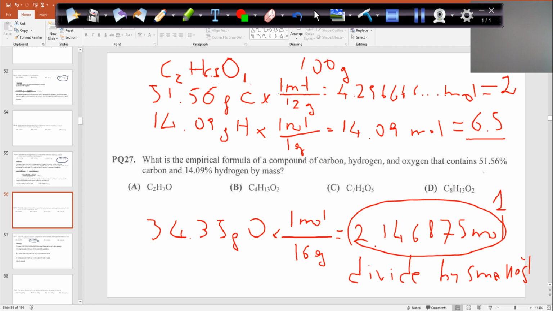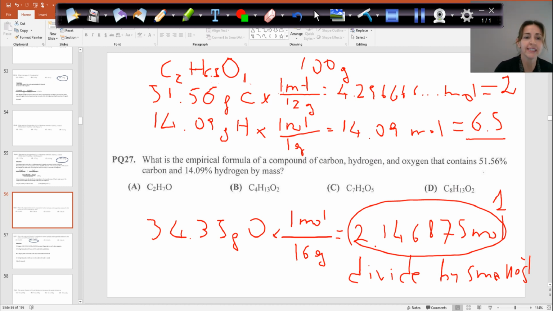If I were to think about one molecule of this compound, it would have 2 atoms of carbon, 6.5 atoms of hydrogen, and 1 atom of oxygen. So you can't make 6.5 atoms, right, in a compound. So how do I keep this ratio, 2 to 6.5 to 1, with whole numbers? I multiply everything by 2, exactly the answer I was looking for.